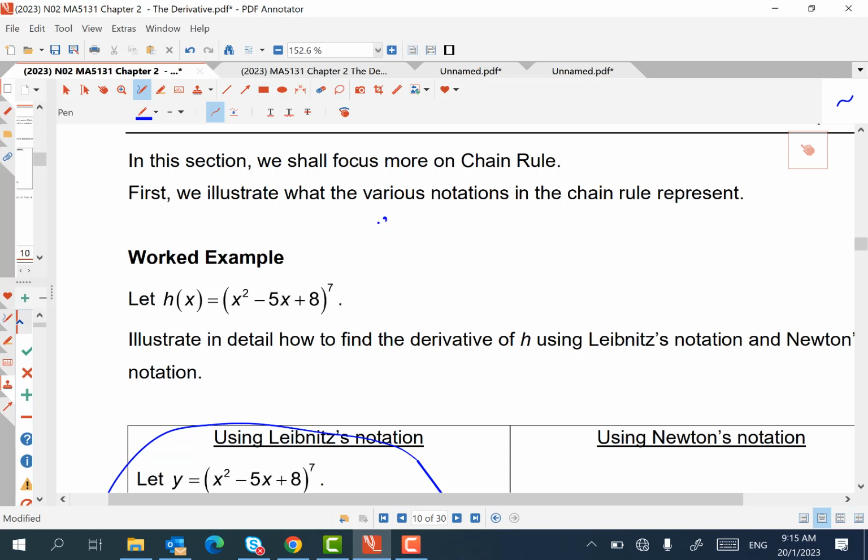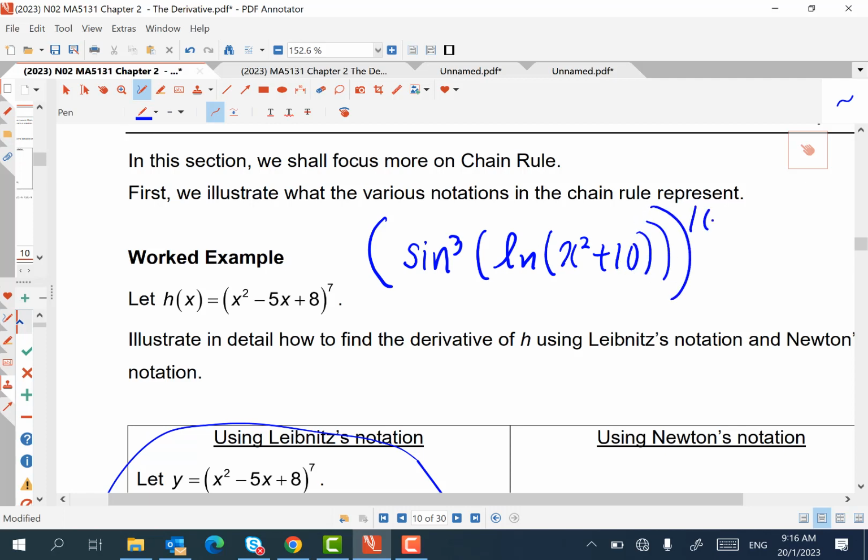If you have a function that is more complex, and then you realize that they are all together more than 2 layers, you always go from the outermost layer to the innermost layer.